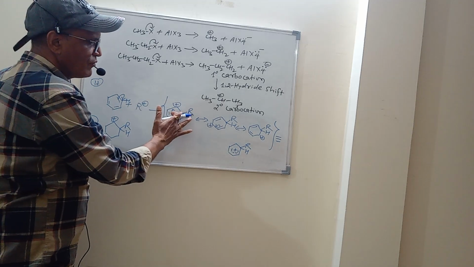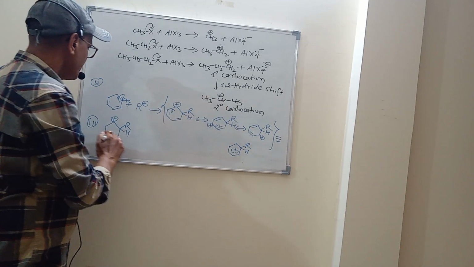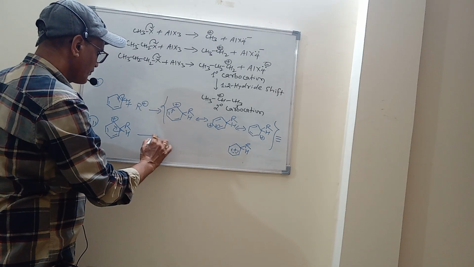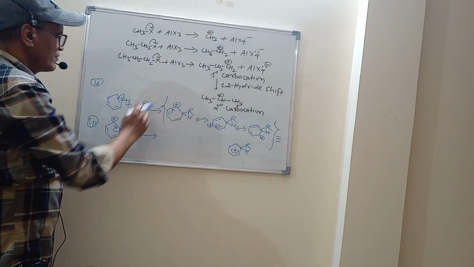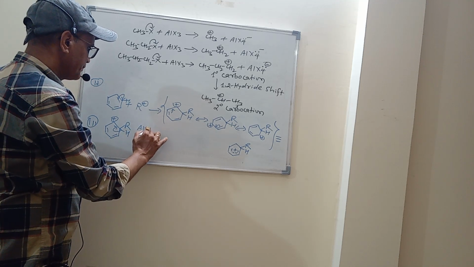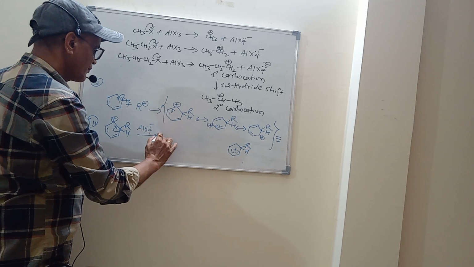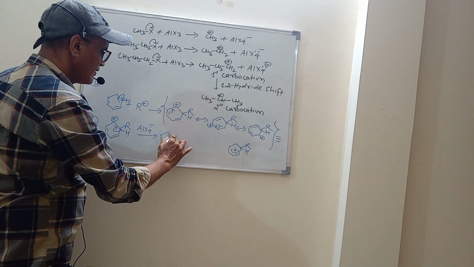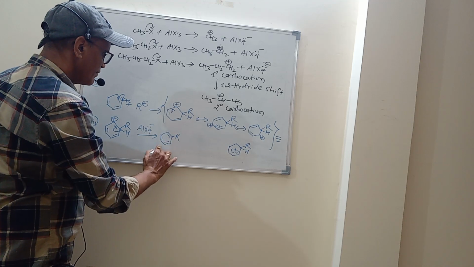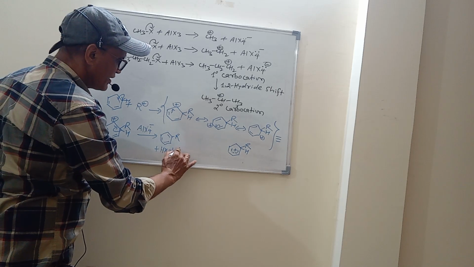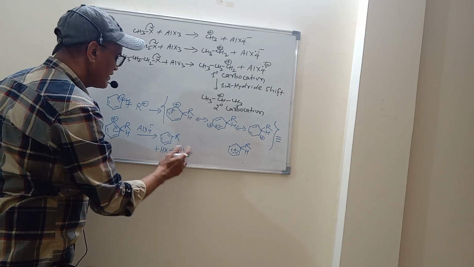I can choose any one of these three, either this or this or this. And this AlX4 can be used here. So the product we are getting here is alkyl benzene plus HX, and the Lewis acid catalyst is regenerated.